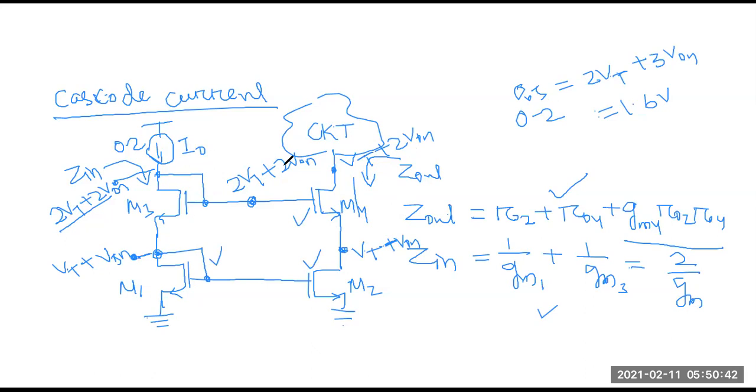But the only problem is lower technology, when the supply voltage is less; in that case you cannot use this transistor. Another thing you can say here: for current mirrors, for high resistance, we generally use high L, more length transistors.